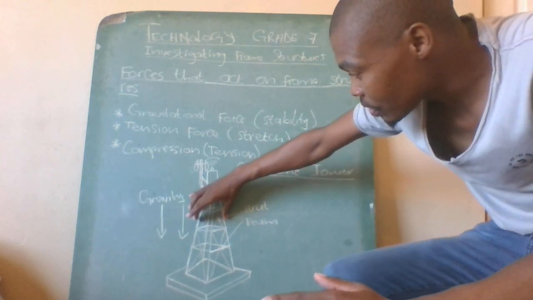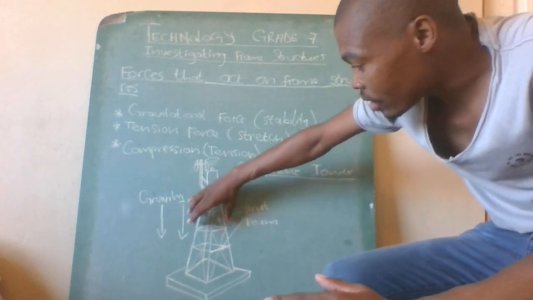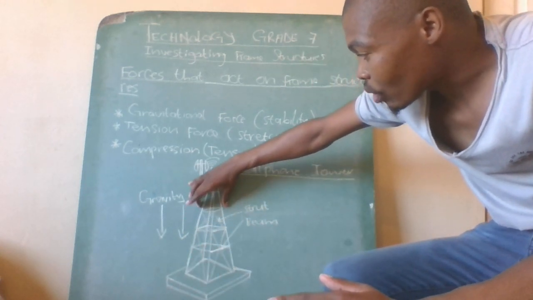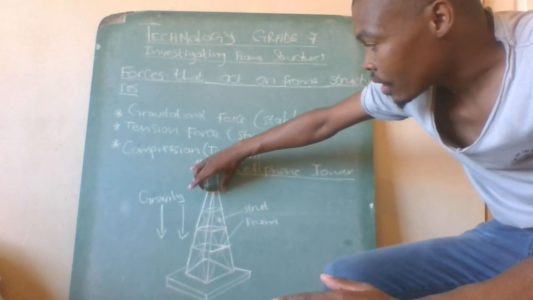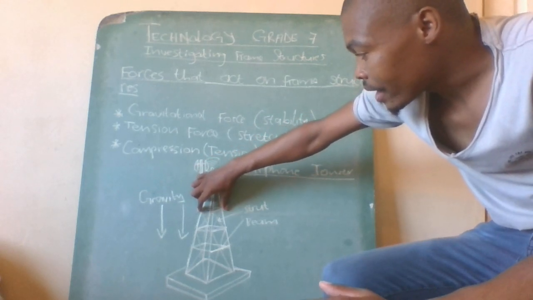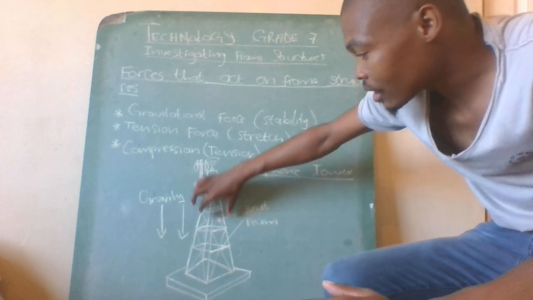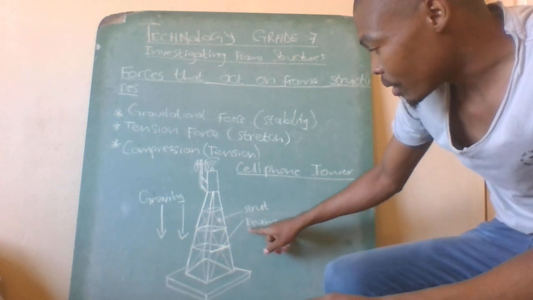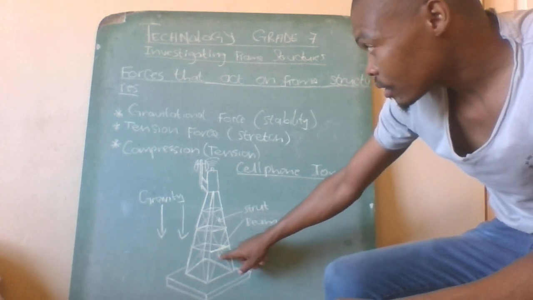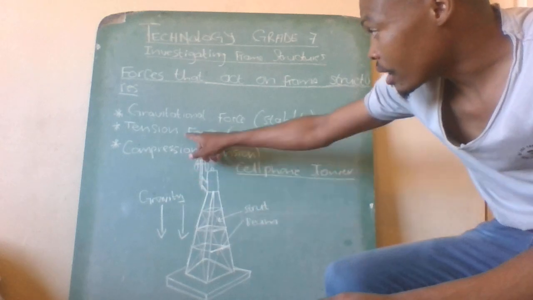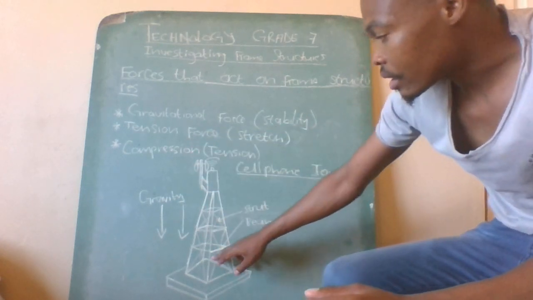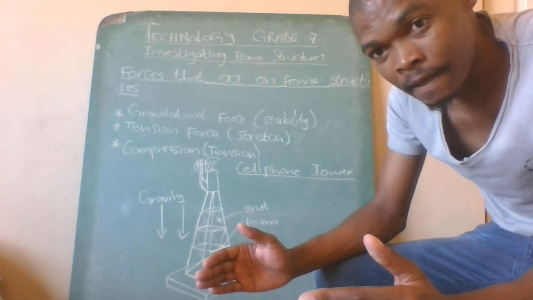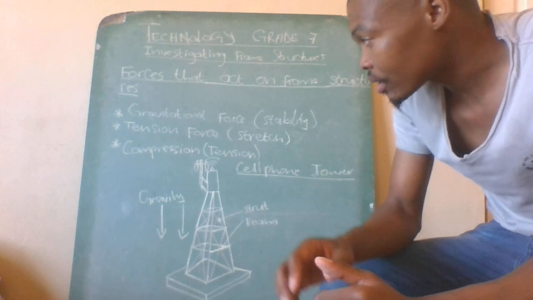Because if a structure must be small on top and it must be wide at the bottom, that structure has to be compressed to always be taking its shape, which is necessary for the structure to keep its stability at the bottom. The beam here helps to do what? To bring the tension force into the structure so that the structure is able to be wide enough and able to sustain whatever forces act on it.